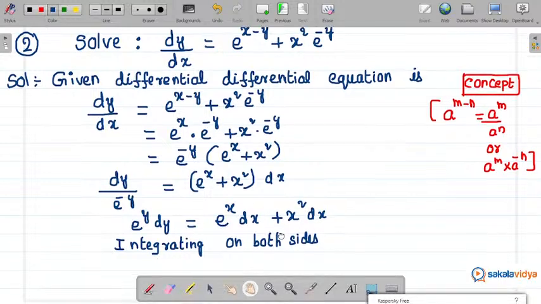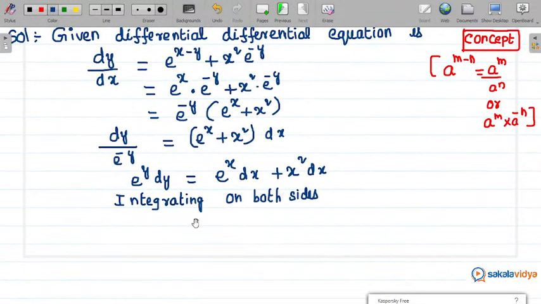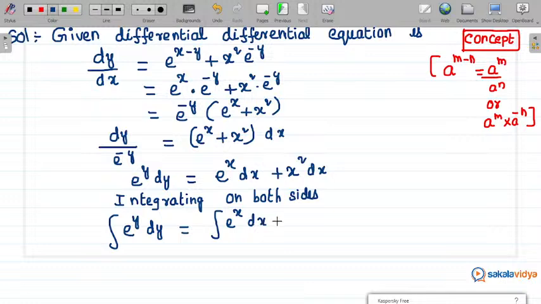So let us integrate it. Integrating on both sides, we get integral of e power y dy is equal to integral of e power x dx plus integral of x square dx.